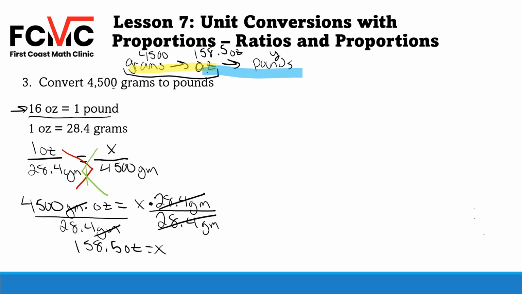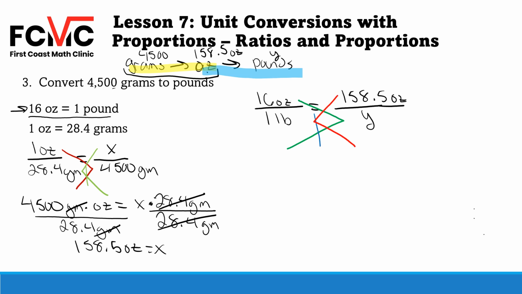And we know that 16 ounces is equal to 1 pound. So ounces over pounds, so let's put our 158.5 ounces over Y pounds. So now let's do our cross multiplication. Bring down the equal sign. Cross multiply.